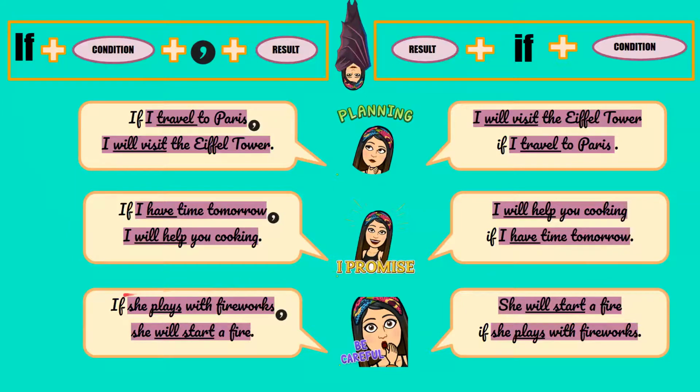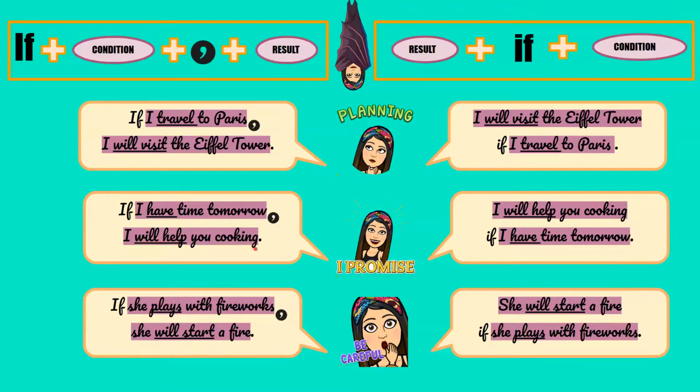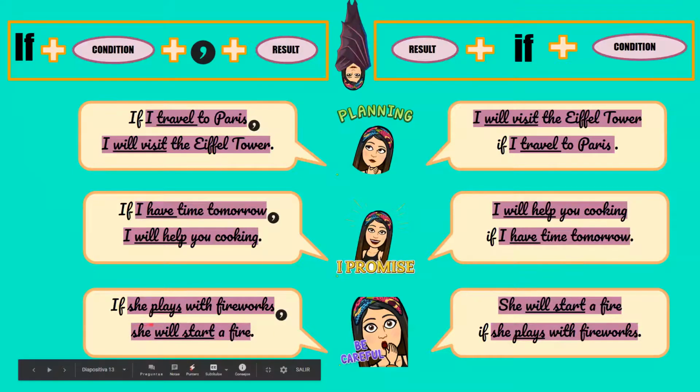And finally, if she plays with fireworks, she will start a fire, or she will start a fire if she plays with fireworks. The same in Spanish. Si tengo tiempo mañana, te ayudaré a cocinar. O te ayudaré a cocinar si tengo tiempo mañana. Si ella juega con fuegos artificiales, comenzará un incendio. O comenzará un incendio si ella juega con fuegos artificiales.